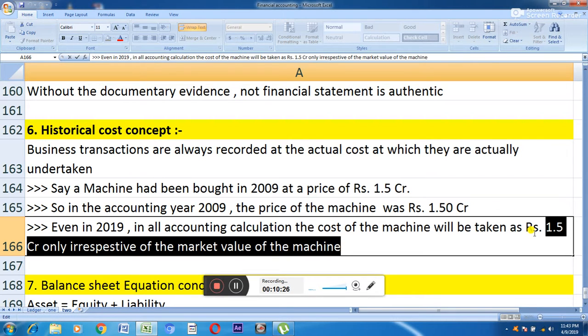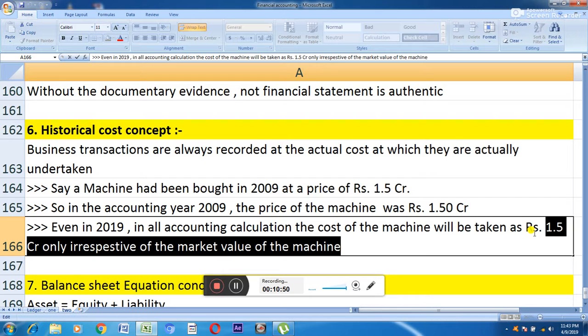Maybe in 2019 the value of the machine gets increased. Now the market value of the machine is 2 crores, but you have to declare that the value of the machine is 1.5 crore because you have purchased that machine at that price only.